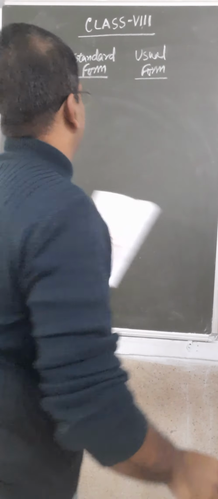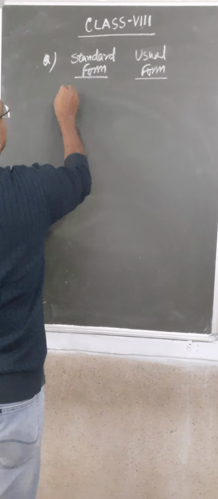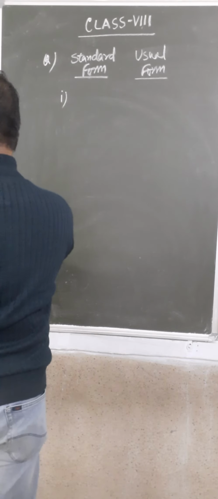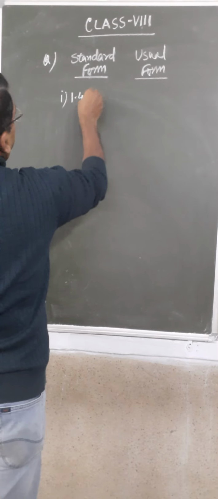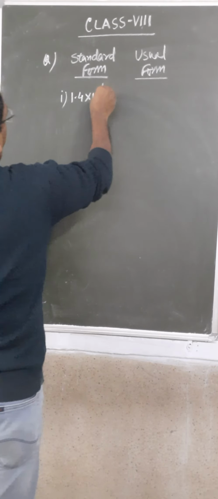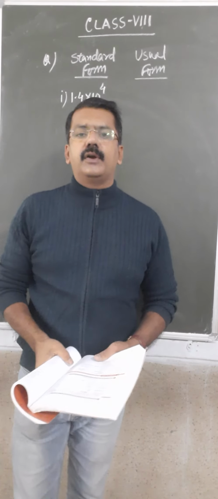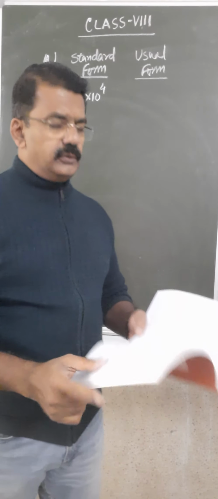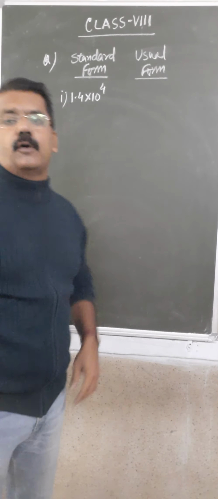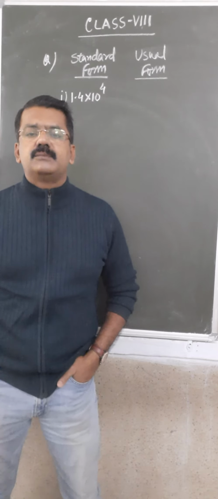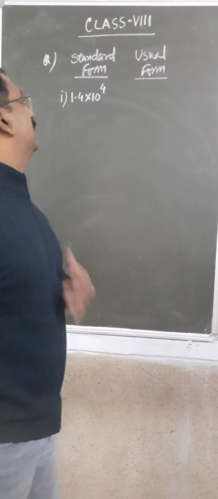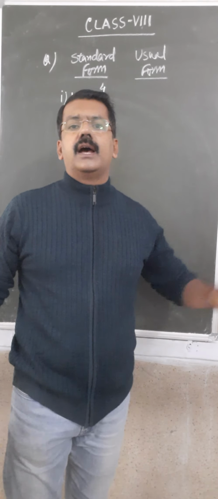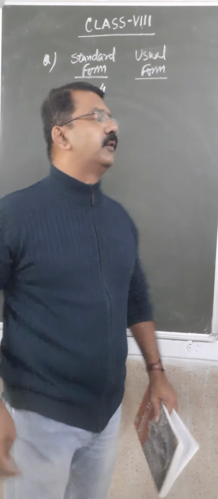Now the first part is 1.4 into 10 to the power 4. Now you see, definitely this is in the standard form, because 1.4 lies between 1 and 10, and into 10 to the power 4. Now we have to convert it into usual form, so we have to remove 10 to the power 4.